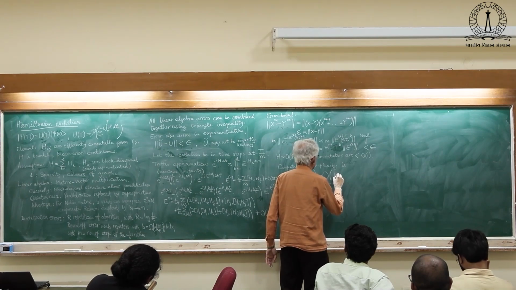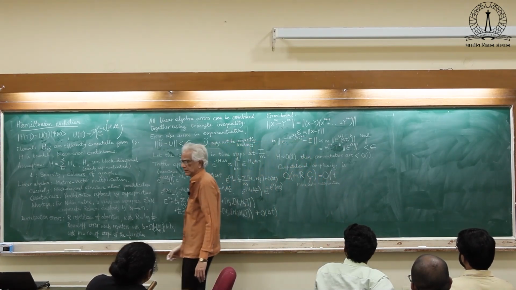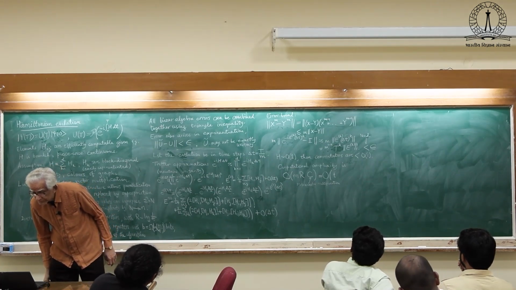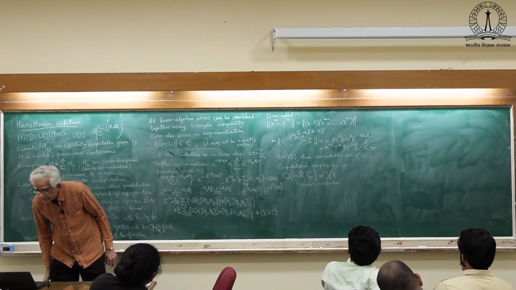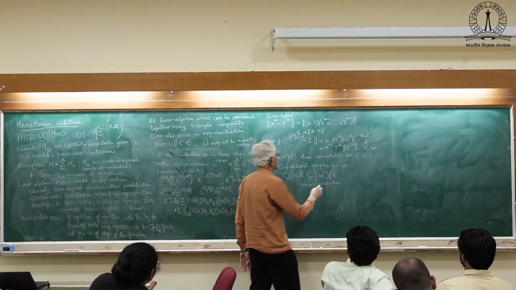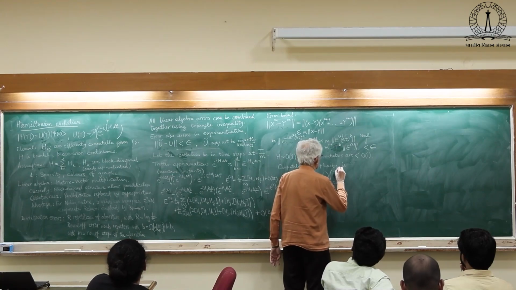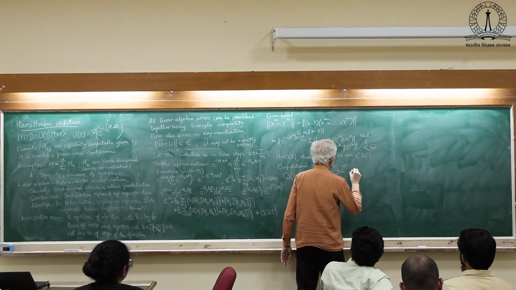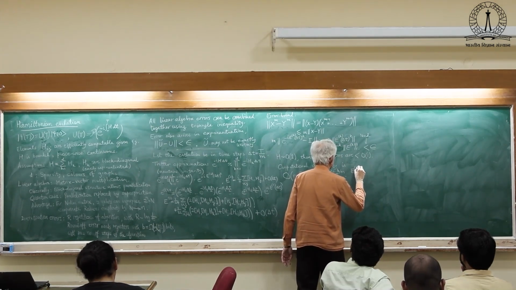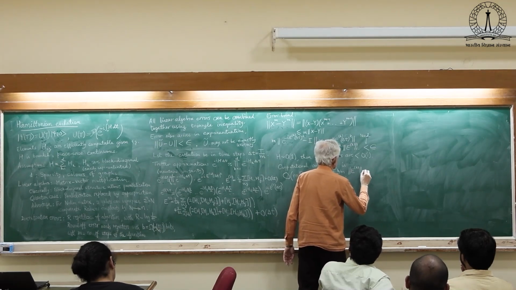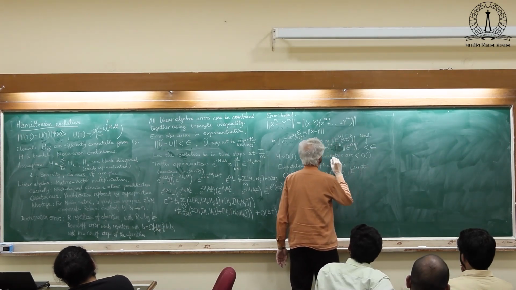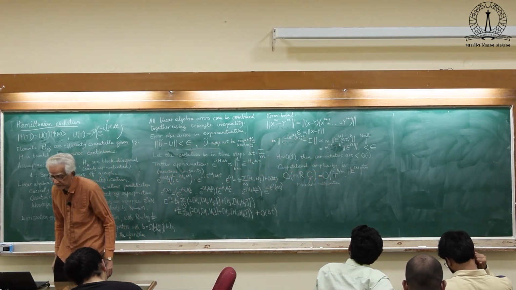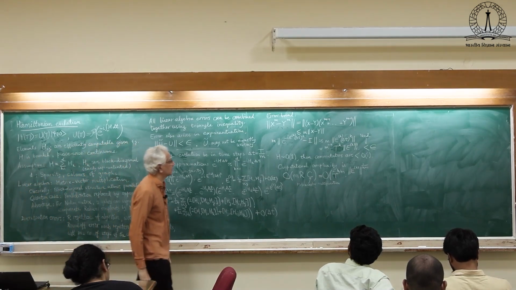So the dependence goes like t to the power k divided by... that 1 over k minus 1 is coming from the power of the epsilon.